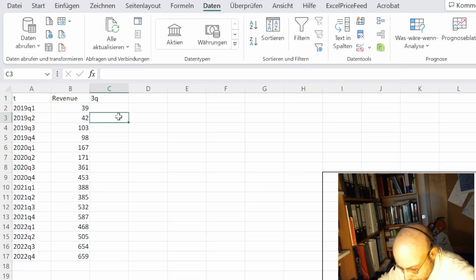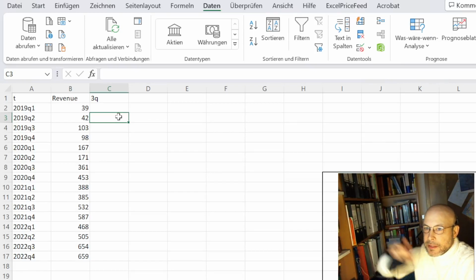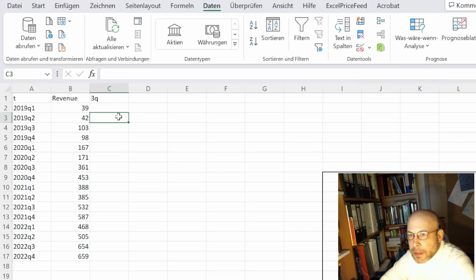So we just take the average of 39, 42 and 103 and then move this 1 quarter forward.